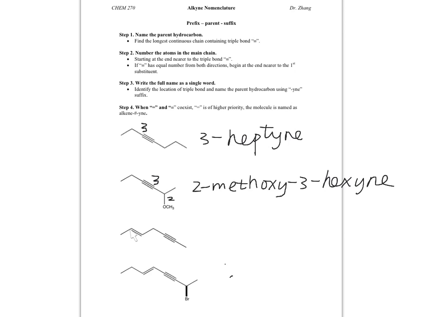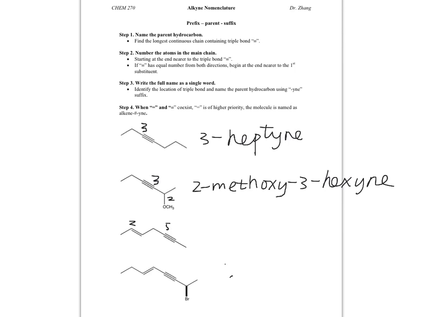Under those circumstances, when we look at example number 3, we notice that the double bond is on carbon number 2, and the triple bond is on carbon number 2 if you count from the right-hand side. Since the double bond is of higher priority, we need to number the main chain to make sure the double bond functional group has the smallest possible number. Therefore, our numbering would be 1, 2, 3, 4, 5, 6, 7.